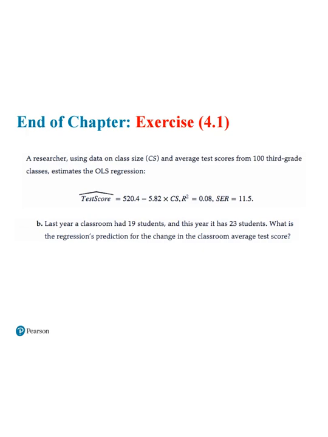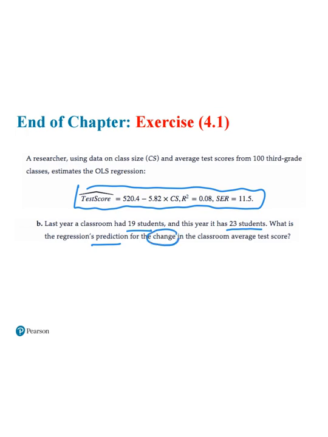All right, let's go ahead and look at part B for exercise 4.1. So we still have the same information right here. And this says last year, a classroom had 19 students, and this year it has 23 students. What is the regression's prediction for the change in the classroom average test scores? So there are a few different ways you can do this. You can technically calculate the estimated Y when class size is equal to 19, and compare that to the estimated Y when the class size is equal to 23, and subtract the two, seeing what the net difference is.